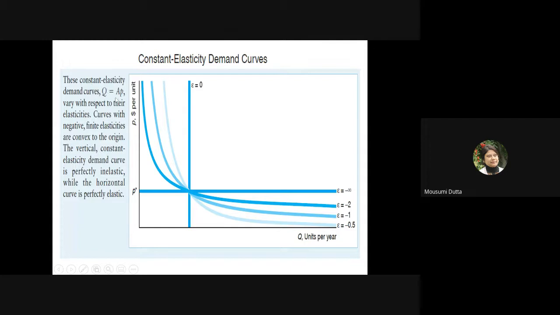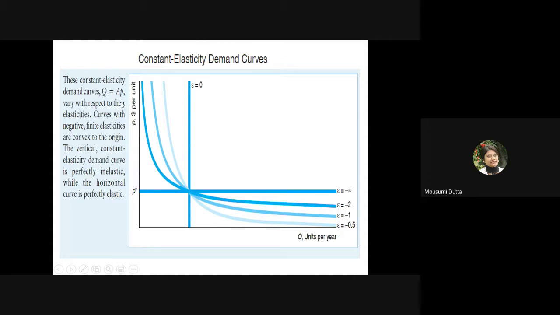So this is the equation of the rectangular hyperbola: Q by P is equal to A, or Q is equal to BP. This will be the equation. So this is the set of equations for rectangular hyperbola. Now if you write down this equation, I hope the problem will be solved.